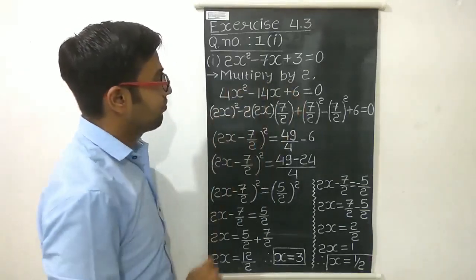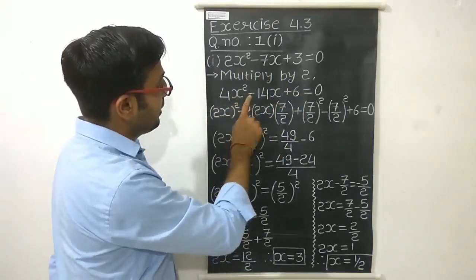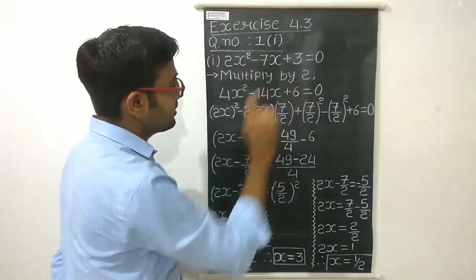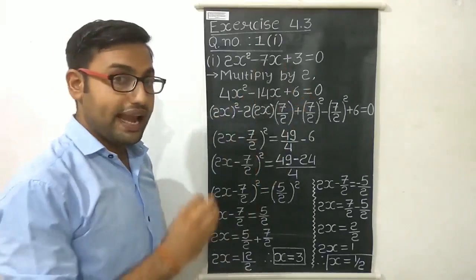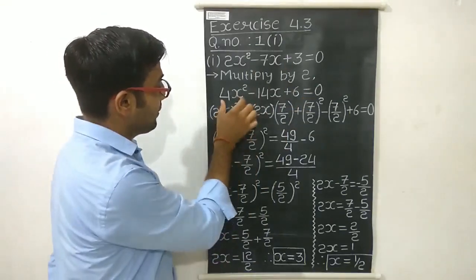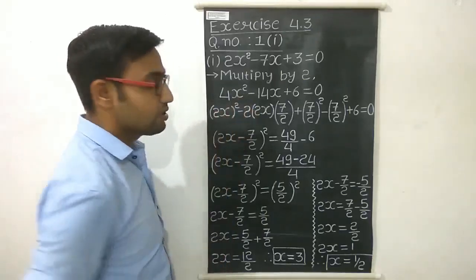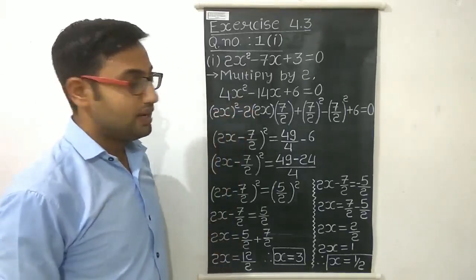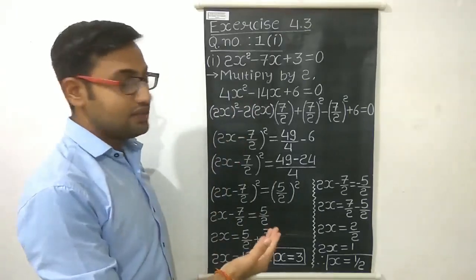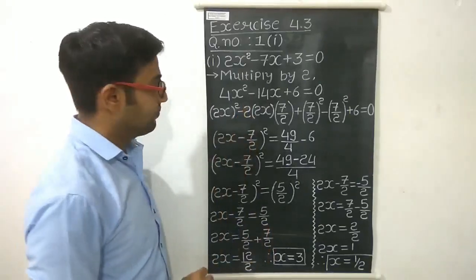Multiply by 2. By multiplying by 2, we get 4x square minus 14x plus 6 equals 0. Now notice here, this is a perfect square, so we can write it as 2x whole square. Now remember the identity. The sign of the second term is minus, so we have to put minus.